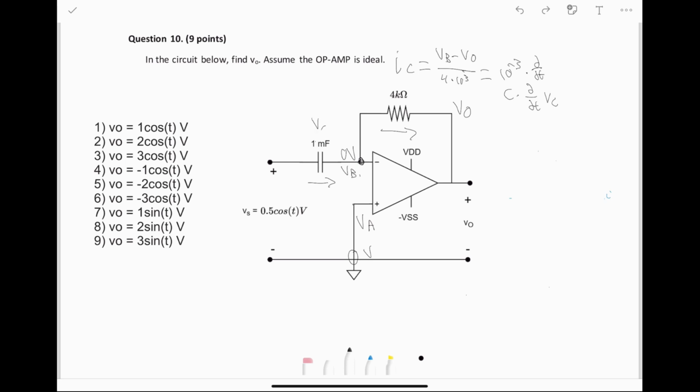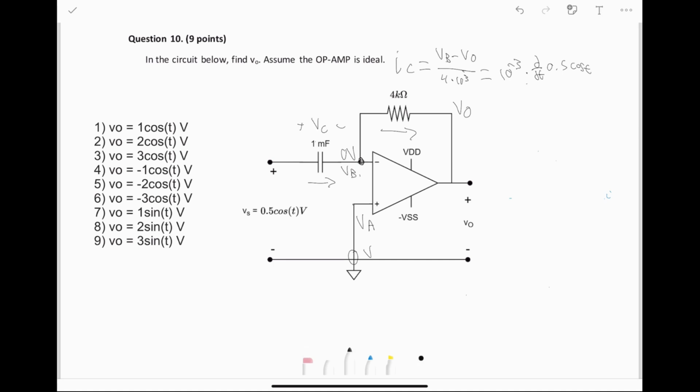Well, we see 0 volts on this side and an input of 0.5 cosine t on the other side. So that tells us that all of the voltage that we input gets dropped immediately across the capacitor. So VC is just equal to the input 0.5 cosine t. So d by dt of 0.5 cosine of t. And that is our equation for this problem.